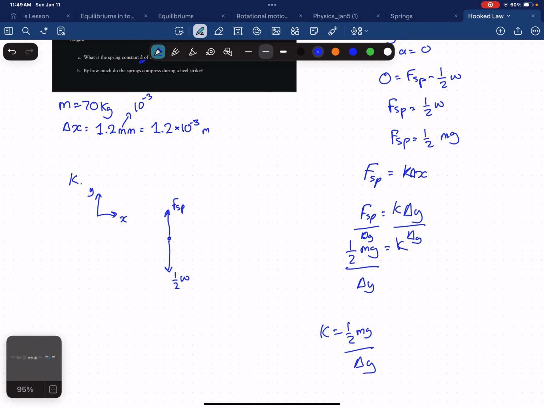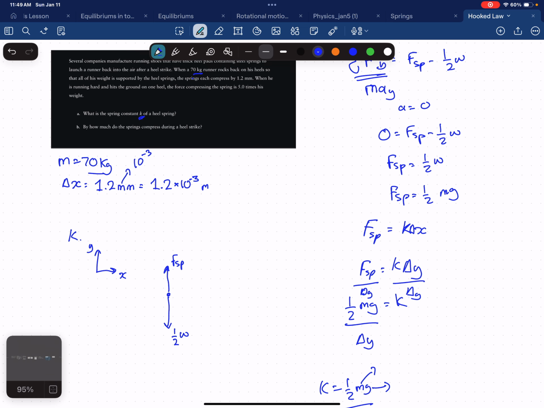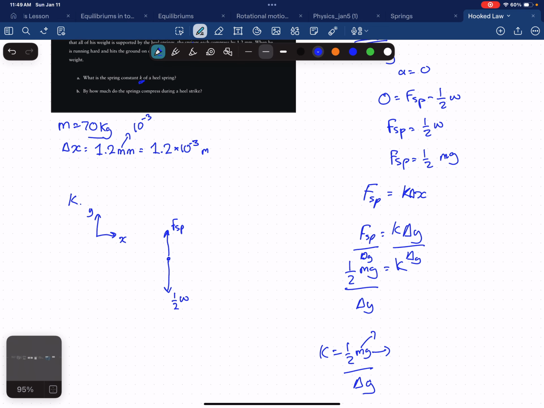So you can plug this into the calculator. You know what m is, you know what g is. M is 70 kg, g is 9.8, and delta y, we are told that the spring is compressed by 1.2 millimeters. So you can plug in 1.2. You have to be in SI units, 10 to the minus 3 meters.